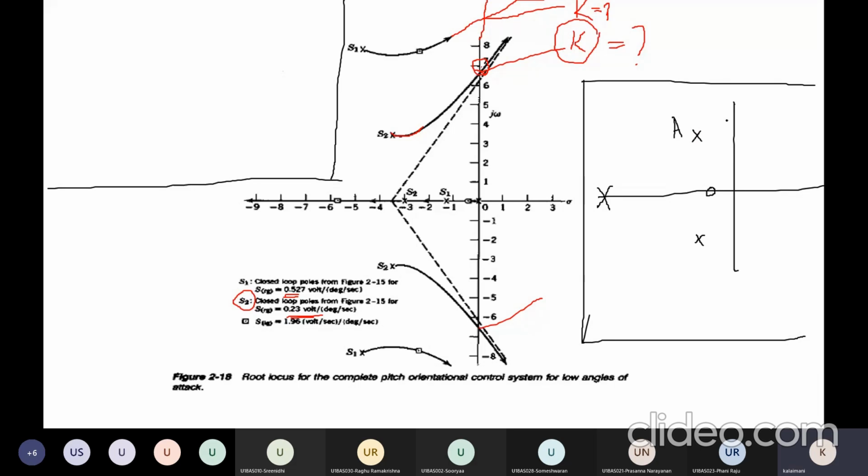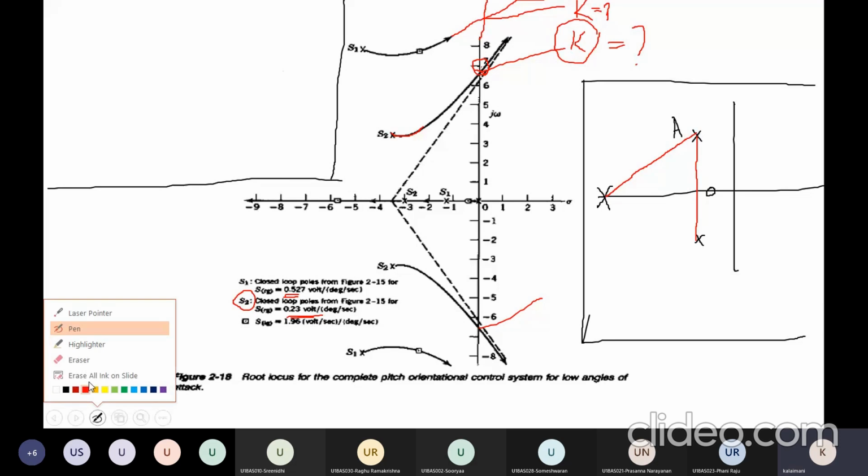Then you draw a vector line from other poles to your complex pole, or at which pole we are going to find out the angle of departure. So for this pole I am going to find out the angle of departure. Then I draw one vector line. The same way I have to draw another vector line. Then I draw a vector line from the zero.